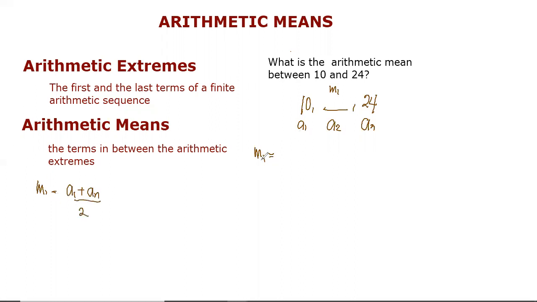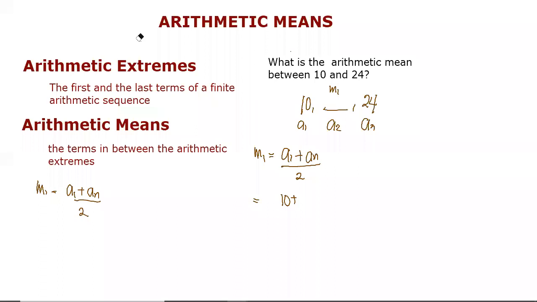Okay, using this formula, we have a sub 1 plus a sub n over 2. So what is m sub 1 or what is the value of a sub 1? So we have 10 plus the value of a sub n, which is the last term, we have 24.